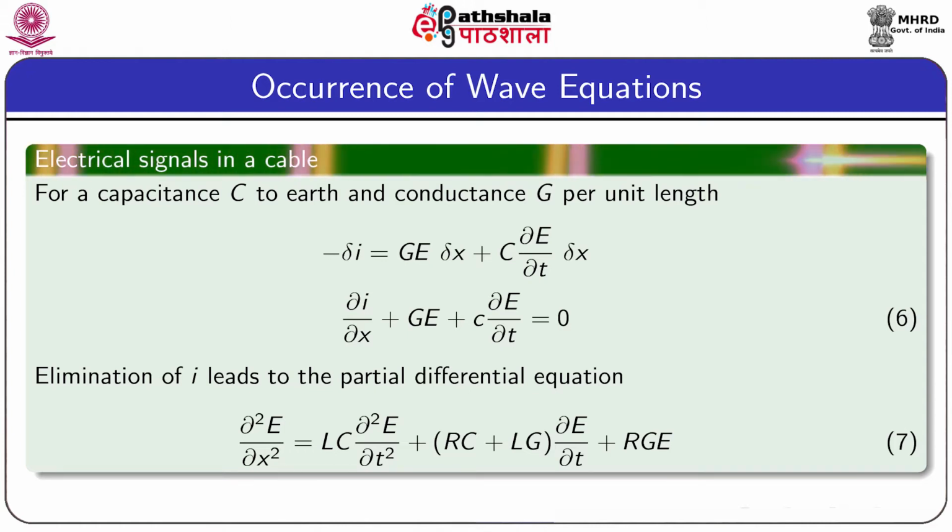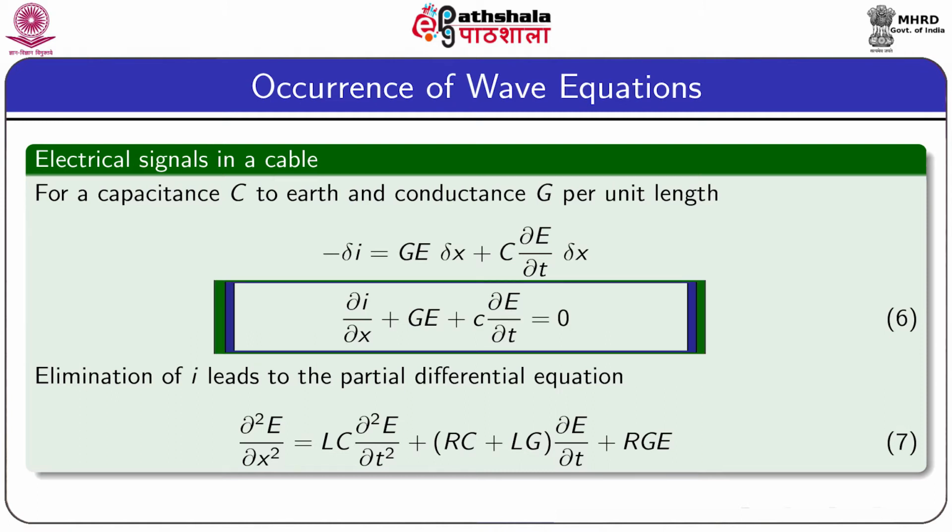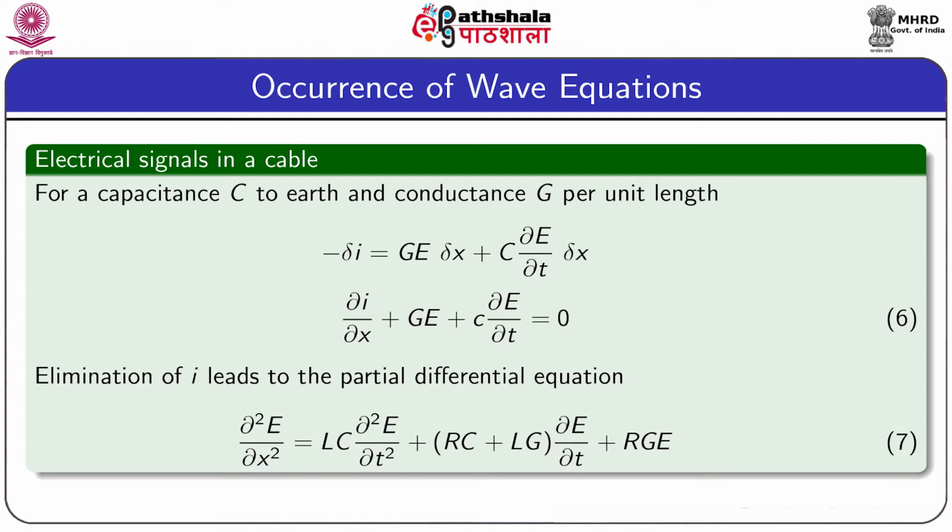Again we divide this equation by delta x and take the limit as delta x tends to 0. We obtain the differential equation written in equation number 6. The equation is del I/del x plus G E plus C del E/del t equals 0.